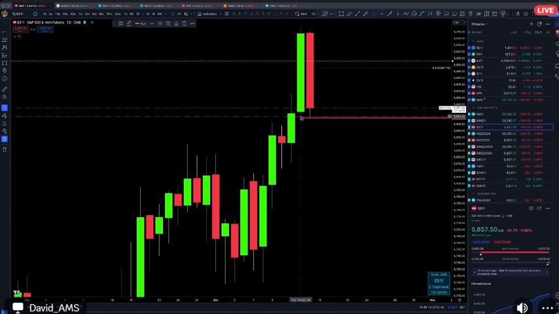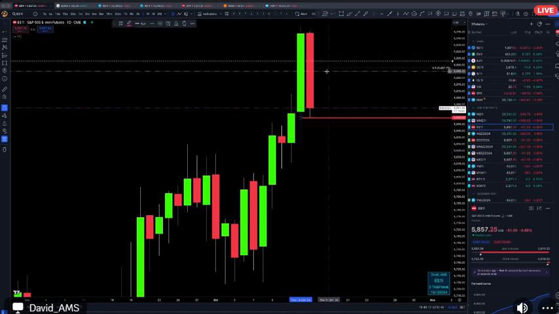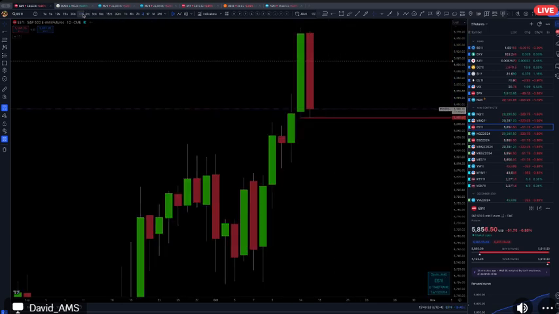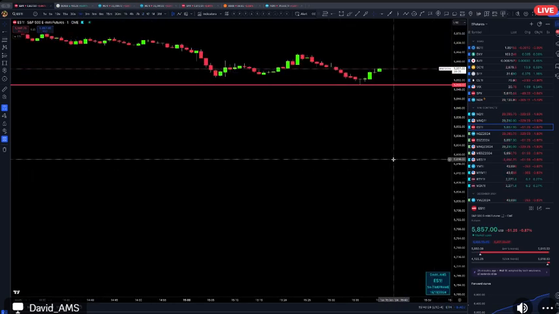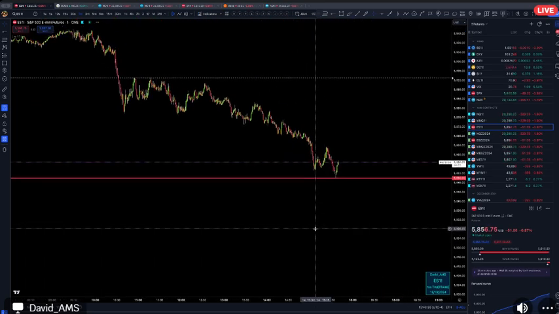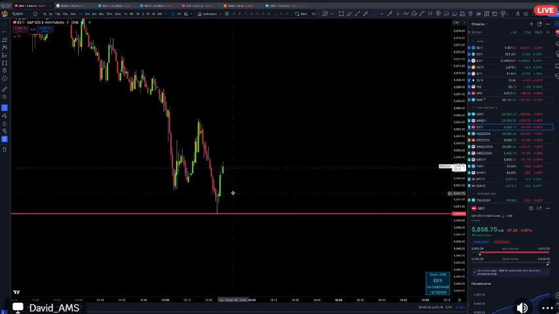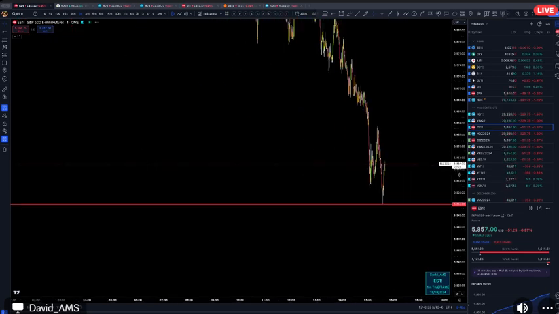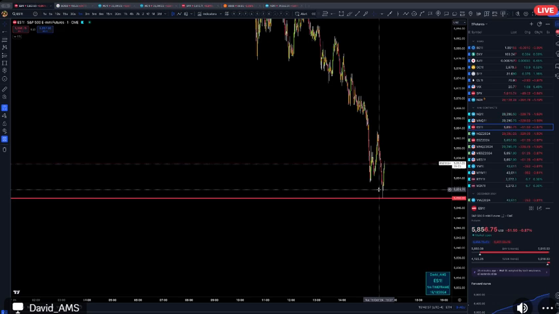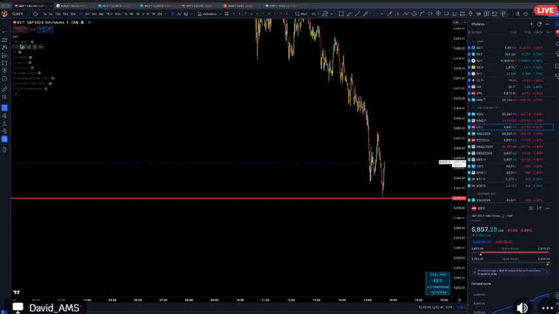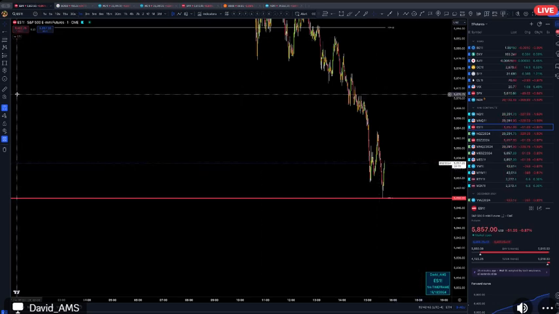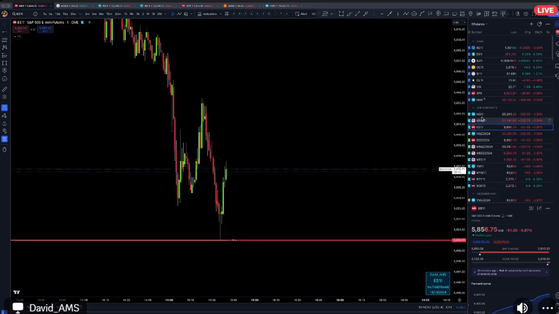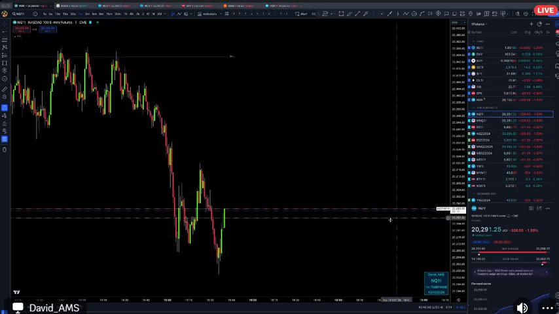Yes, just took out the previous day low, and things should start turning back up, I think. Have a look. I didn't really take it out. Tagged it. The Nasdaq, see if we're getting the reversal again.